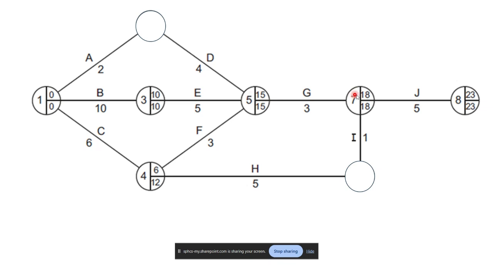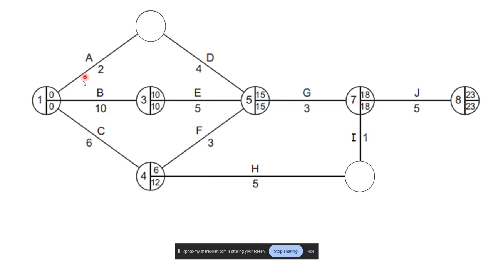It basically says what's the earliest time that the activity that follows it to the right can start. So if we have a look at activity J here, we look to the left of the line. The earliest start time for activity J is week 18. The earliest start time for activity H is week 6.